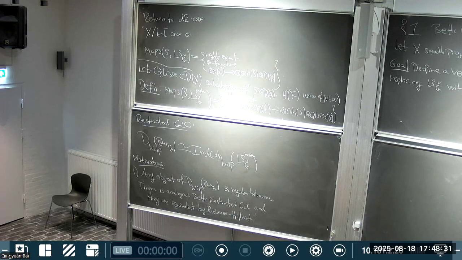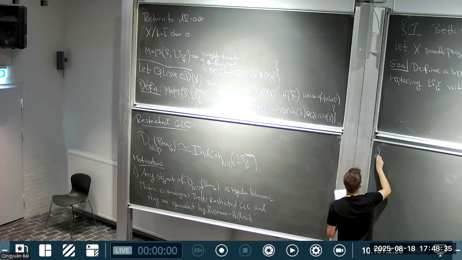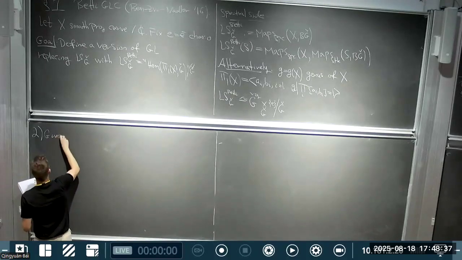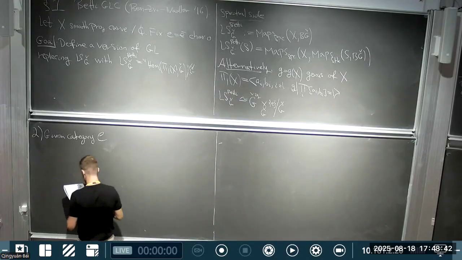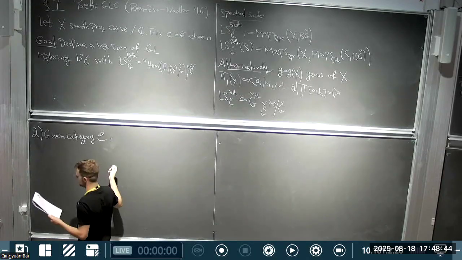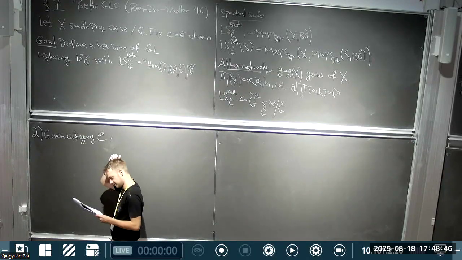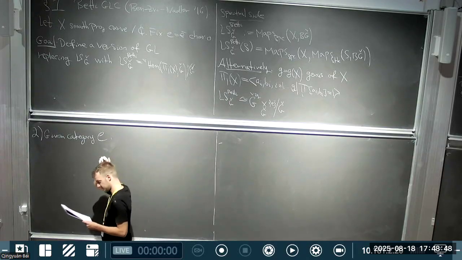Okay. More motivation. So given a category C, this is what is called the big beautiful theorem.